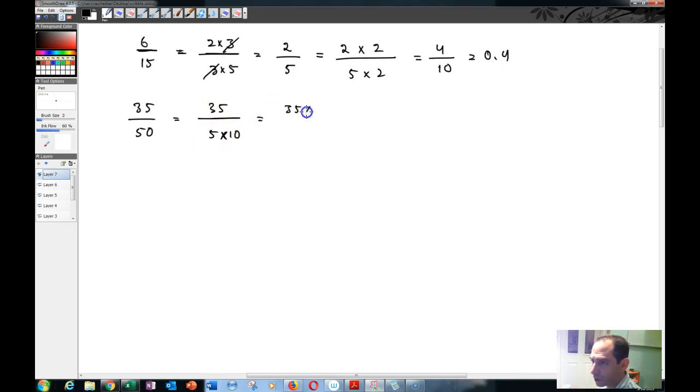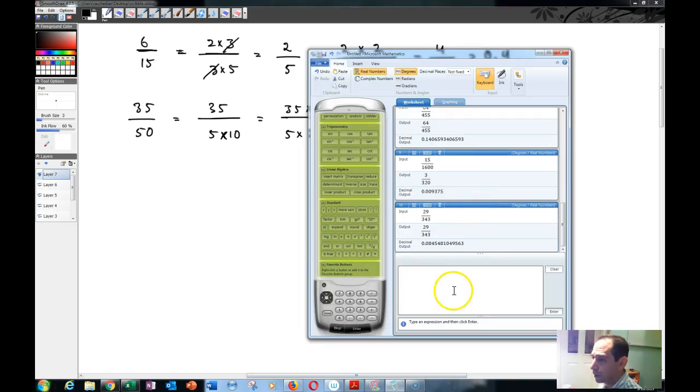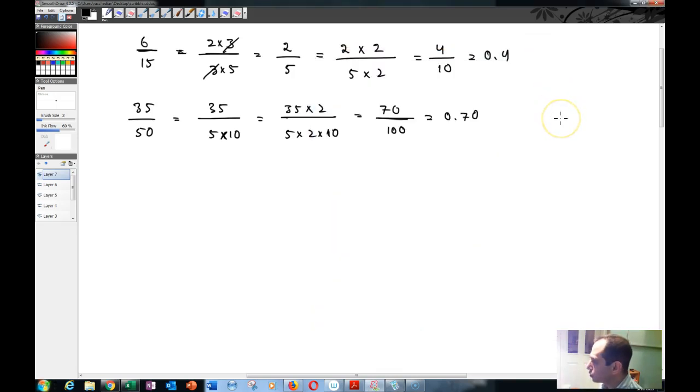So 35 times 2 over 5 times 2 times 10, and that would be 70 over 10 times 10, which is 100, so that's 0.70. Let me check this: 35 divided by 50 is 0.7.